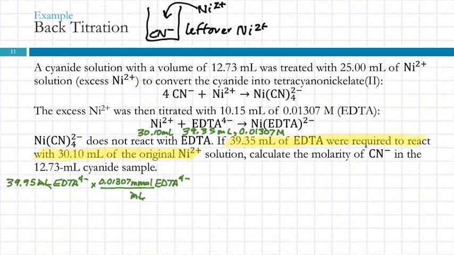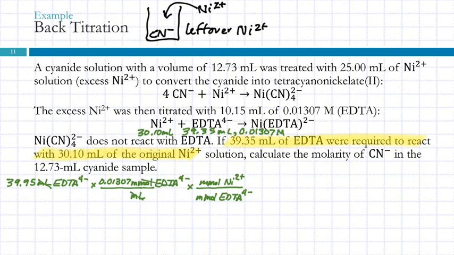So this is now millimoles of EDTA. And I'm trying to find the molarity of the nickel solution. So then I need to go from moles of EDTA to moles of nickel. I want moles of nickel here, and moles of EDTA down here. We can just leave it in millimoles. All we have to do is put a milli up there and a milli down there. It's all good.